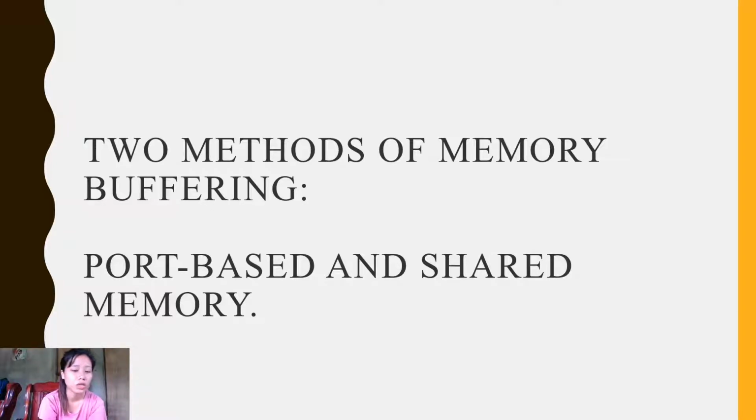Shared memory buffering deposits all the frames into a common memory buffer that all ports on the switch share. The amount of buffer memory required by a port is dynamically allocated, and the frames in the buffer are linked dynamically to the destination port.